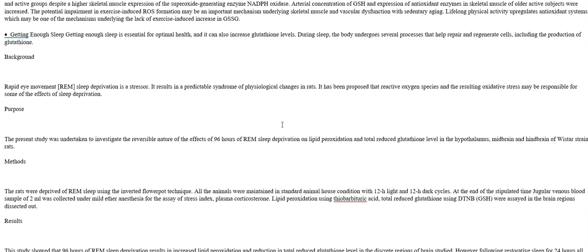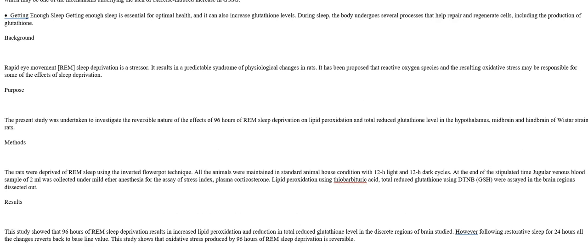The present study was undertaken to investigate the reversible nature of the effects of 96 hours of REM sleep deprivation on lipid peroxidation and total reduced glutathione levels in the hypothalamus, midbrain and hindbrain of Wistar strain rats. I look at the breed of those rats and they look kind of weird.